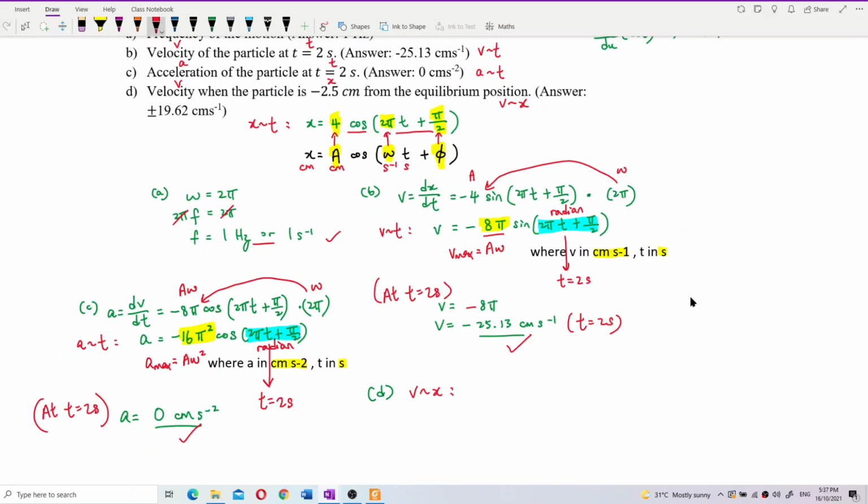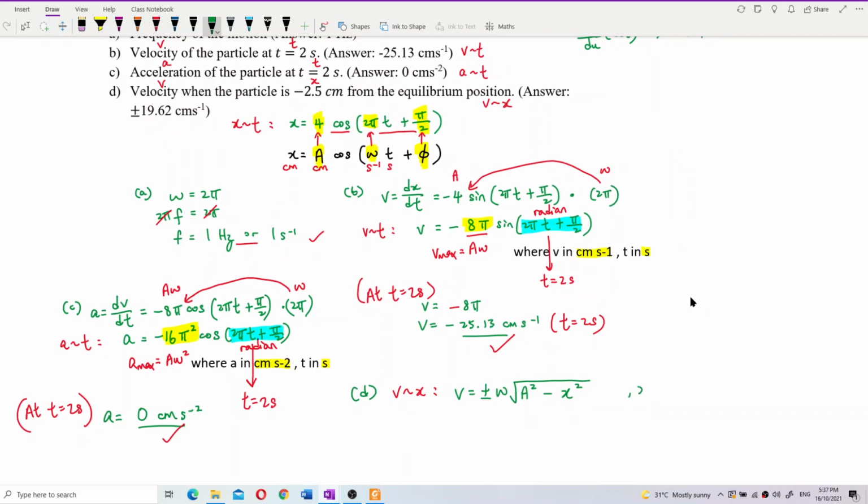Okay, so v equal to plus minus omega square root of a square minus x square. So given this displacement, x equal to negative 2.5 centimeter. Remember, be careful with the unit. This one you're going to put centimeter.